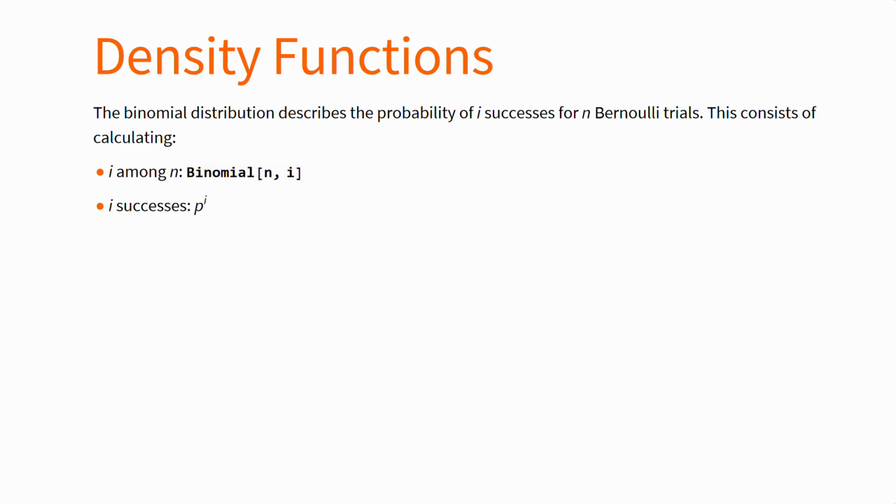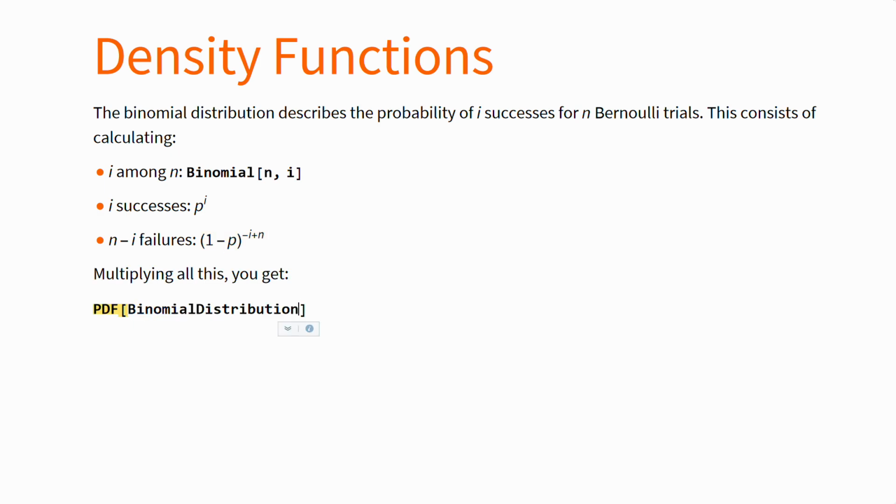The probability of getting heads i times is p to the power i, and inversely, the probability of getting tails n minus i times is (1 minus p) to the power n minus i. Putting all that together, you get binomial(n, i) times p to the power i times (1 minus p) to the power n minus i, the PDF. So that's the PDF, but what about the CDF?